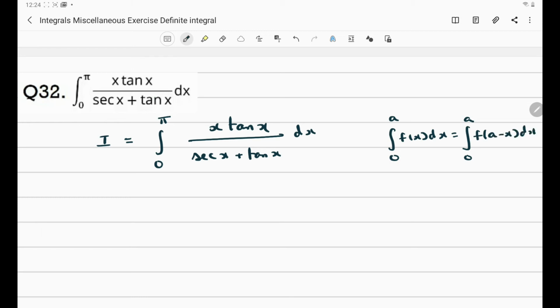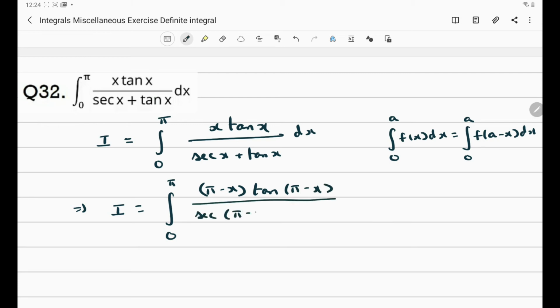So let's use this property and we write this as I is equal to integral 0 to pi, in place of x we write pi minus x, tan of pi minus x divided by secant of pi minus x plus tan of pi minus x dx.